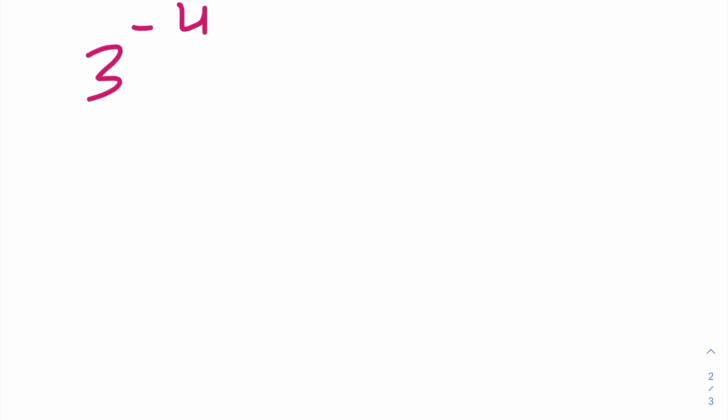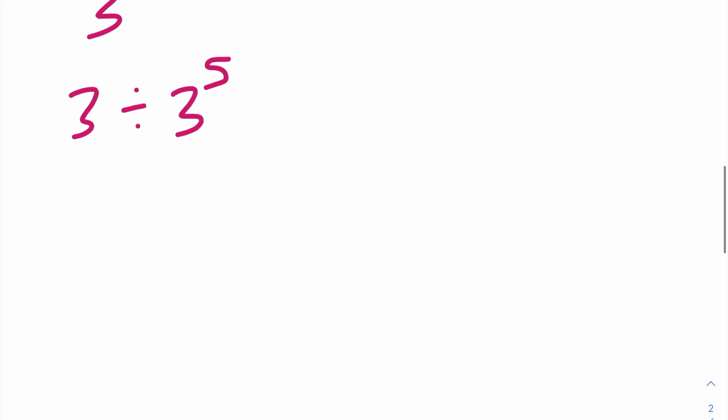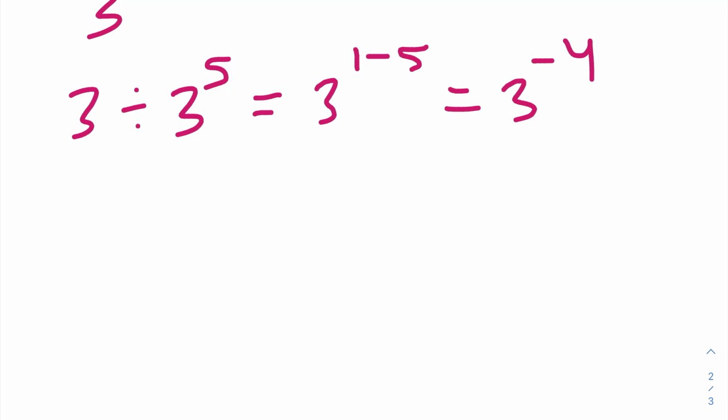So for example, let's say I had 3 to the power of negative 4. Well, we could express this as 3 divided by 3 to the power of 5, because this would give us 3 to the power of 1 minus 5, which is 3 to the power of negative 4.